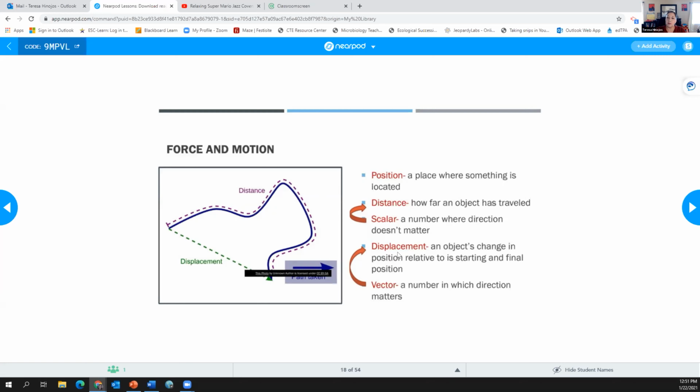But when we talk about displacement, that has to do with where I moved in relation to my starting point. And so displacement has to do with position, and it is a vector quantity. So we're going to talk about different types of measurements in this competency, and some of them are scalars and some of them are vectors. And that's what makes them different.